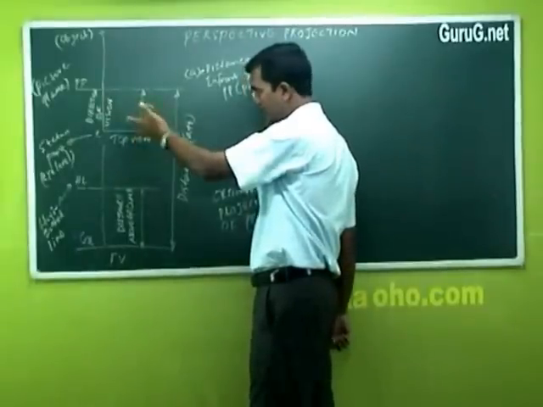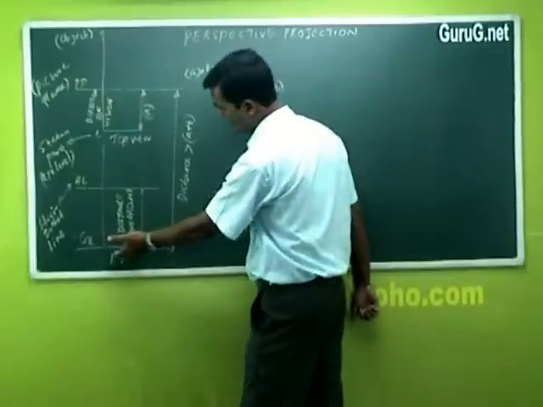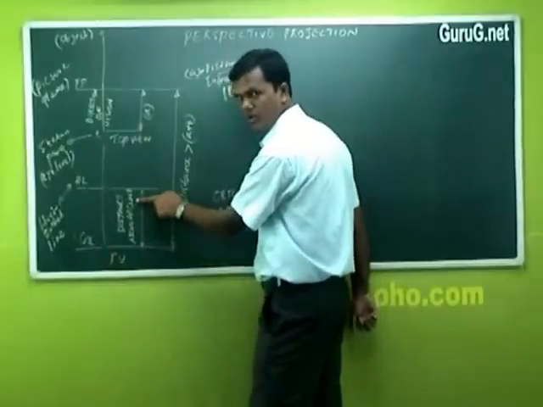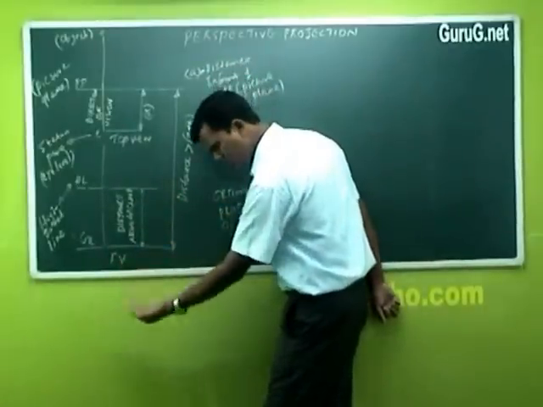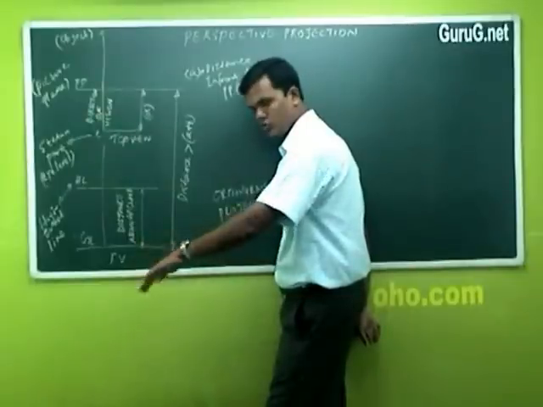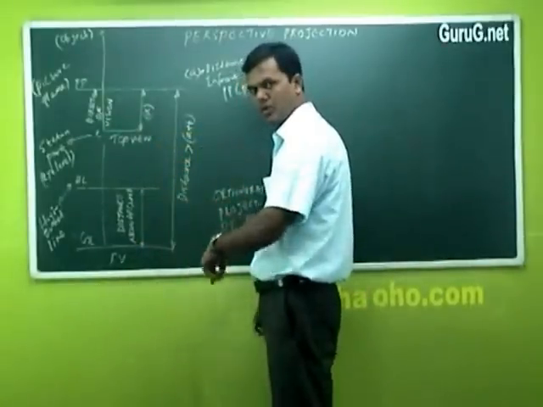After that, you will come to the ground line level. In this, you have a distance called the distance above ground. From the ground level, you can choose any point in the drawing sheet, according to the availability of area on the sheet, to take a ground line.